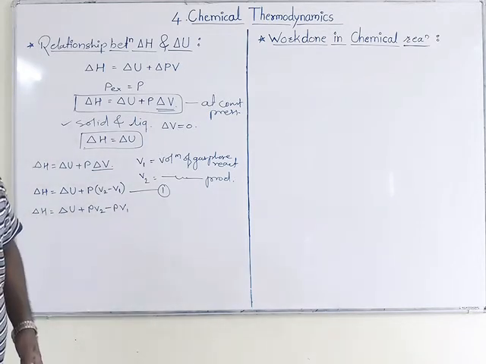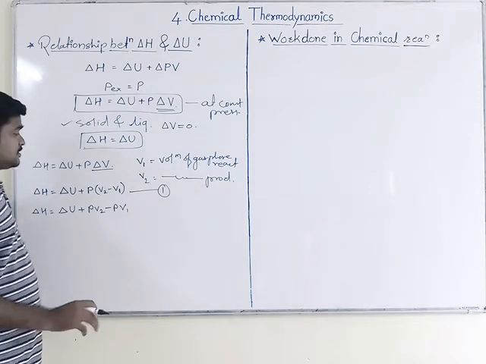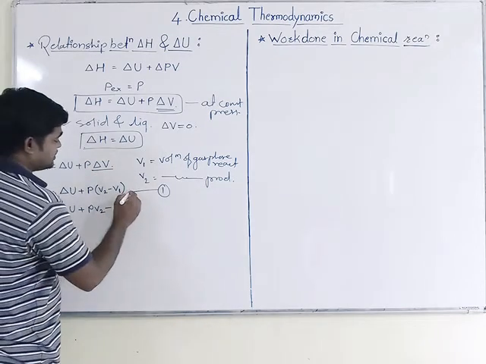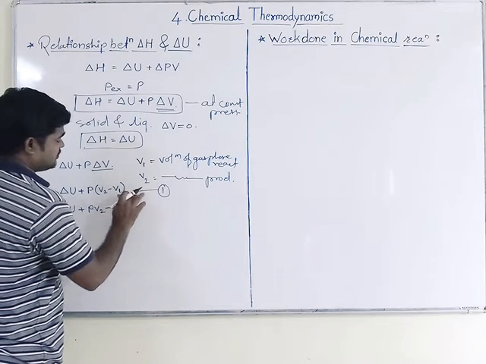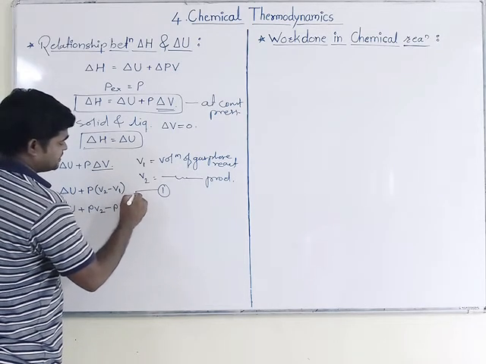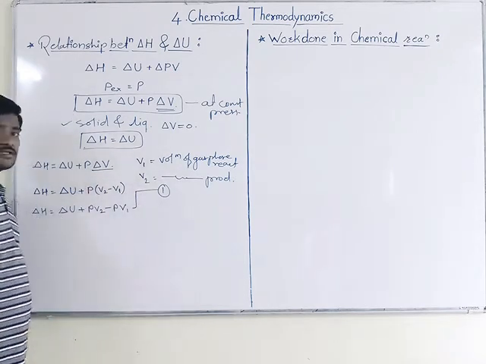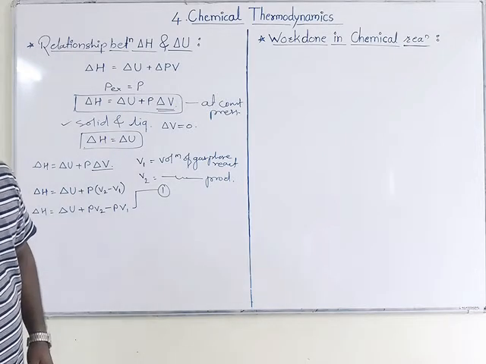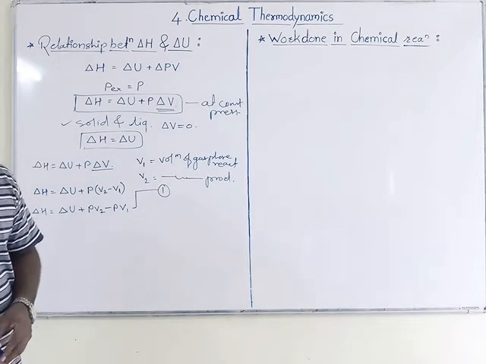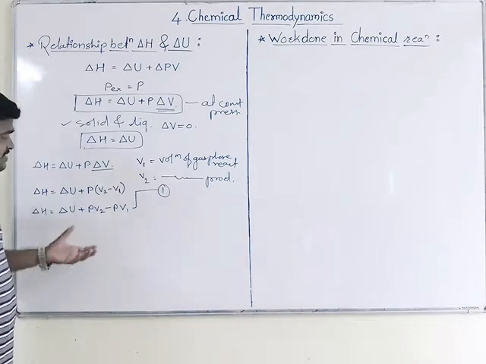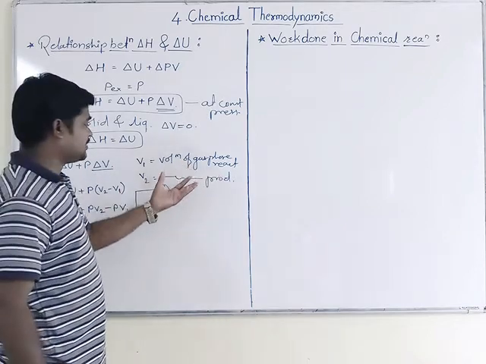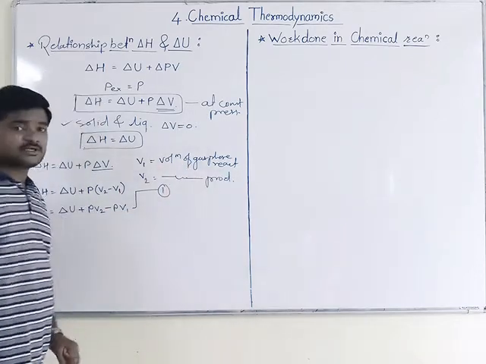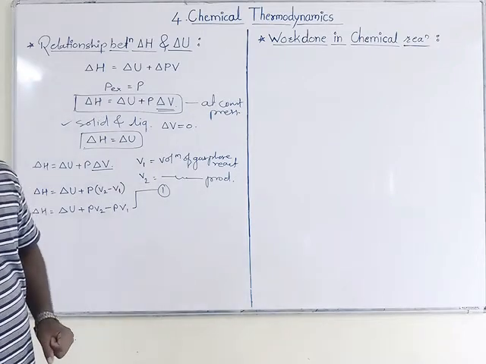I will call this equation number 1 for our simplicity. Here, V1 is the volume of gas phase reactants and V2 is the volume of gas phase products.